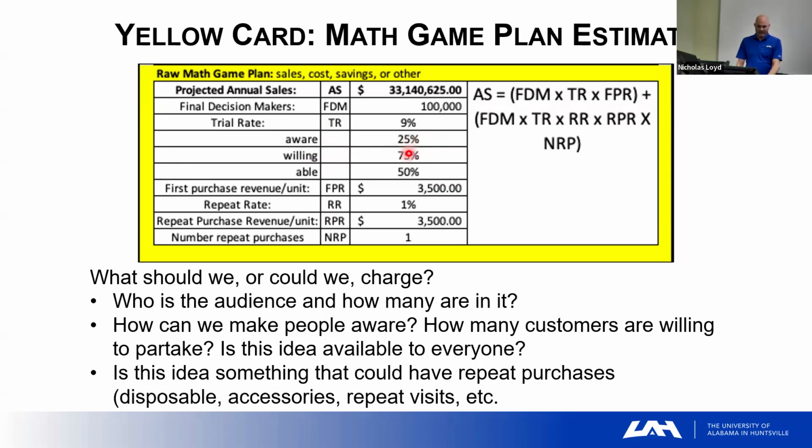And of those, only half of those are actually able to assess it. So maybe only 9%, so 50%, 75 times 25, of the 100,000 potential customers, our trial rate might be 9% or 9,000, might be a potential audience in the first year, and we're going to sell these at $3,500 a piece.